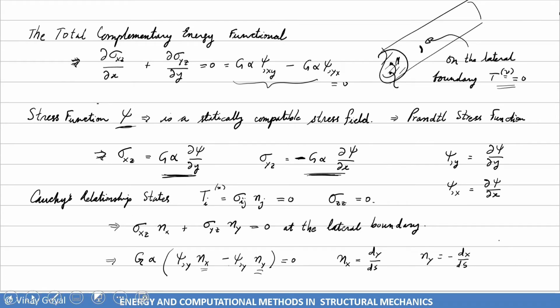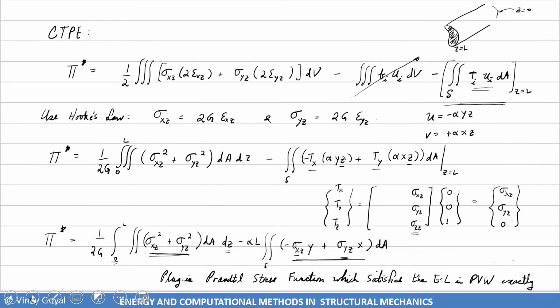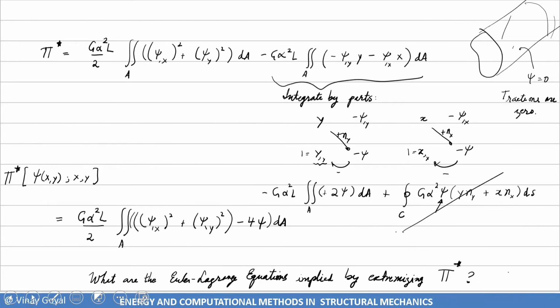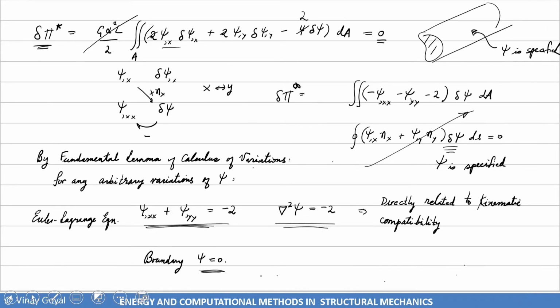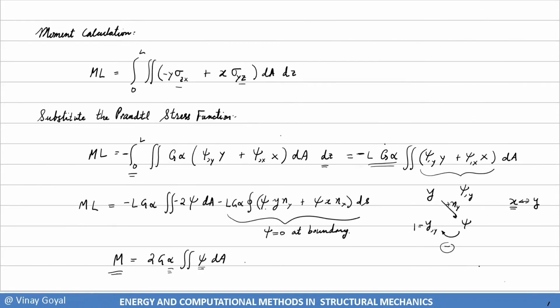Not only do I get the complementary potential energy, but when I look at the Euler Lagrange equation, that's a Laplace equation which you can solve with a boundary condition around the boundary, which is C of 0. And not only that, now I also have a way of relating moment to the rate of twist. Meaning, if I apply a moment and I know C, I can calculate how much twist I'm getting by applying a moment.